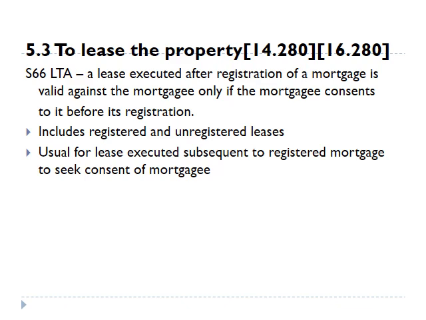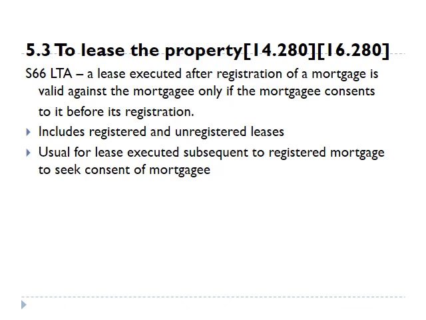The effect of that is that if the mortgagee does not consent under Section 66 of the Land Title Act in relation to registered mortgages, and the mortgagee wants to later go into possession, you have a contest between the mortgagee wanting possession and the lessee. Well, if the mortgagee hasn't consented to the lease, the lessee may well be ejected by the mortgagee, as the mortgagee's rights would take priority.